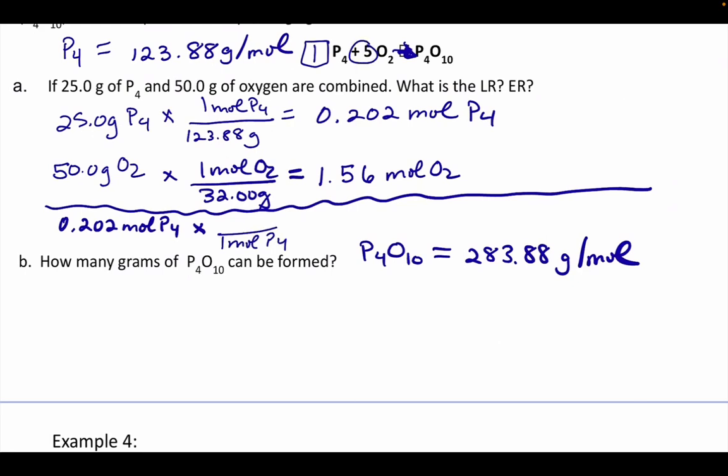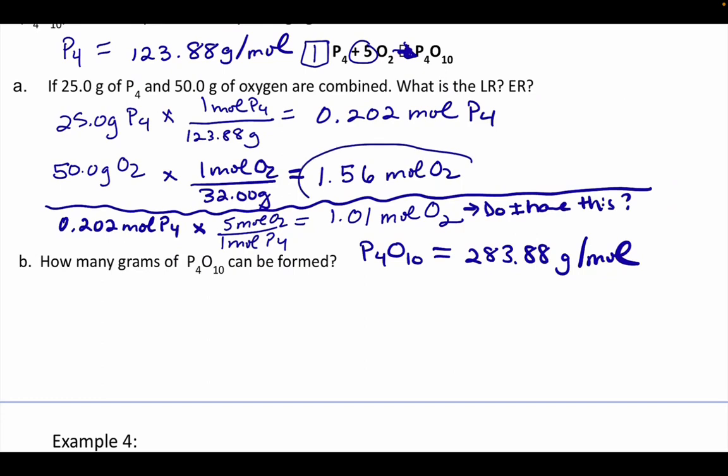So 1.01 moles of O2 I would need in order to react with all of the 0.202 moles of P4. So then I ask myself, do I have this? Do I have 1.01 moles of O2?